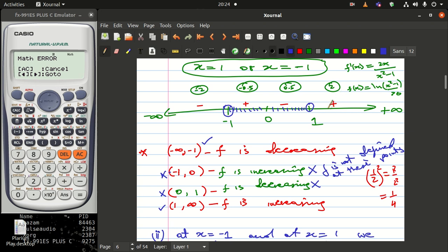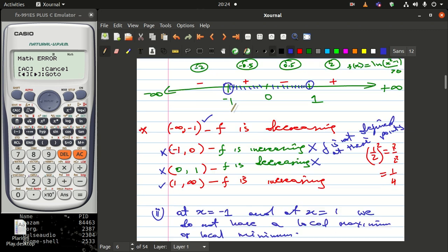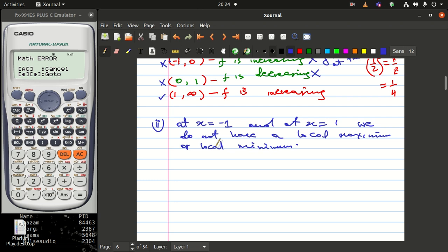We only have a sign this side because whatever is happening here, the derivative was thinking that this function is defined, but unfortunately it's not defined there, so we cannot say anything there. And if we have a sign on only one side, we cannot tell whether we have a local min or local max.